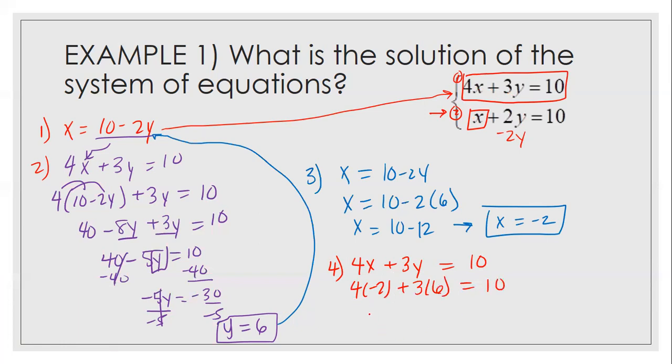What's 4 times negative 2? What's 3 times 6? Does negative 8 plus 18 equal 10? Yes, it does. So therefore, our solution is (x, y) equals (negative 2, 6).